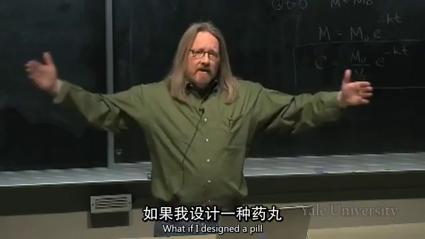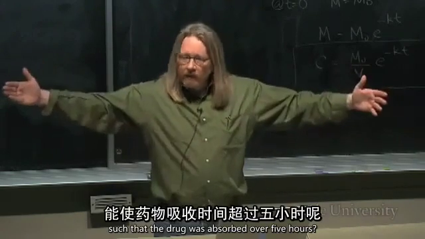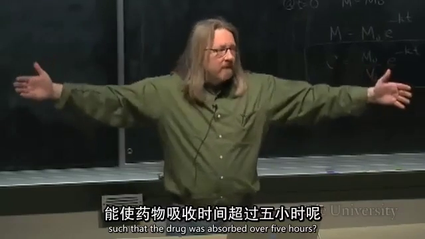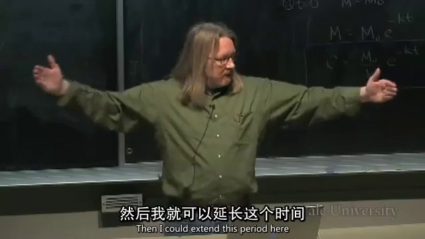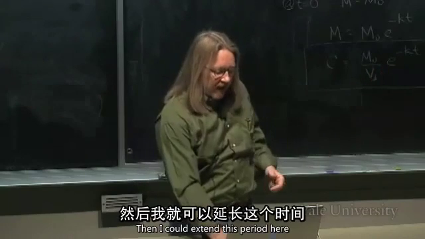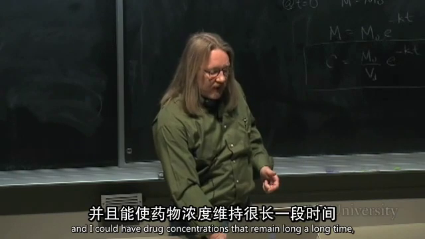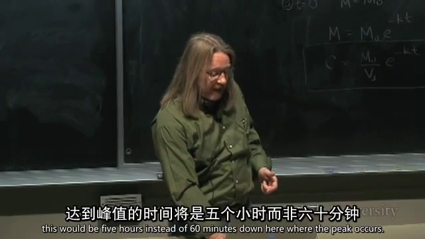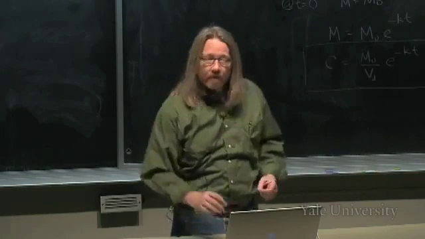What if I designed a pill such that the drug was absorbed over 5 hours? Then I could extend this period here, and I could have drug concentrations that remain a long time. This would be 5 hours instead of 60 minutes down here where the peak occurs.